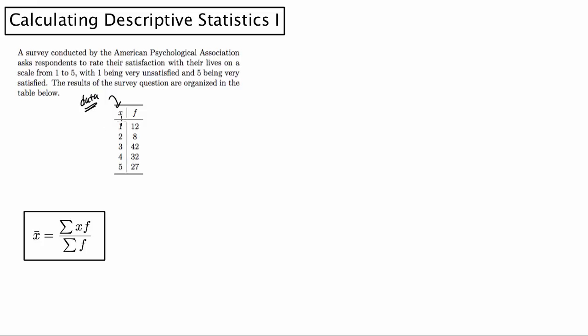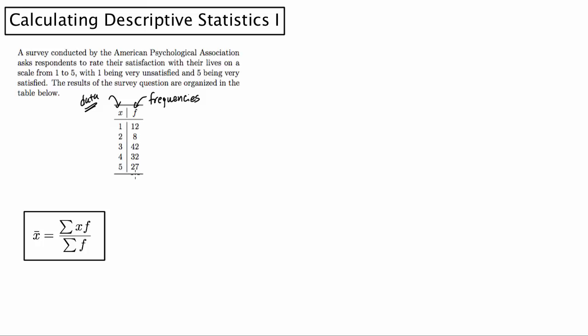So the data is 1, 2, 3, 4, 5. And we also see the frequencies associated with that. So for example, when you see 1, that means that 12 people said that they were very unsatisfied with their lives, versus a 5 where 27 people said that they were very satisfied.